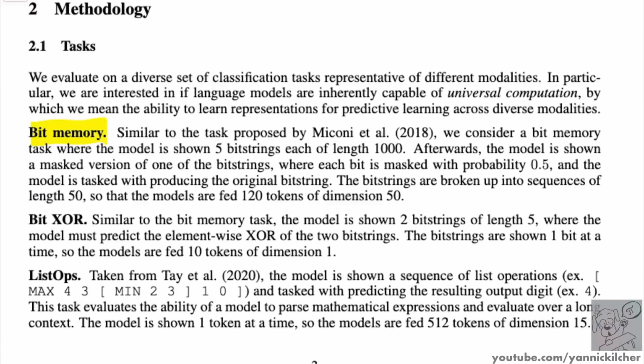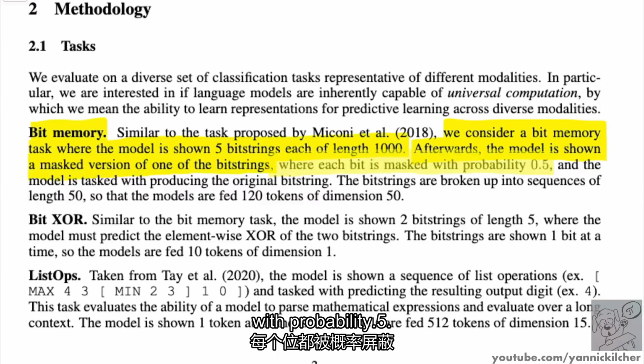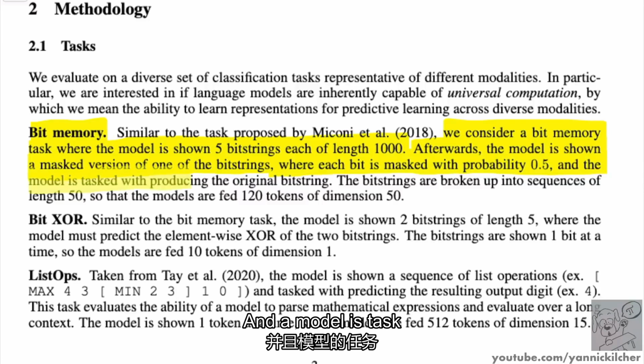There's bit memory. They consider a bit memory task where the model is shown 5 bit strings, each of length 1000. Afterwards, the model is shown a masked version of one of the bit strings, where each bit is masked with probability 0.5, and the model is tasked with reproducing the original bit string.